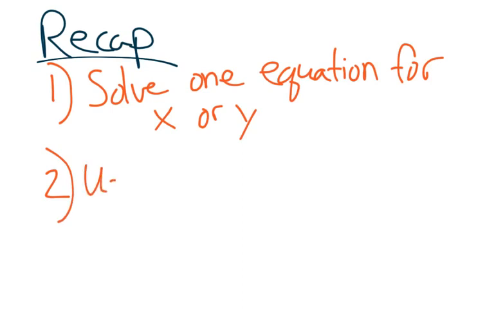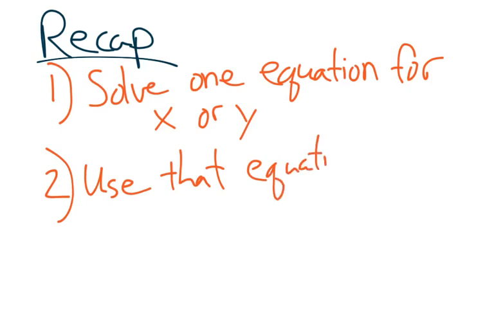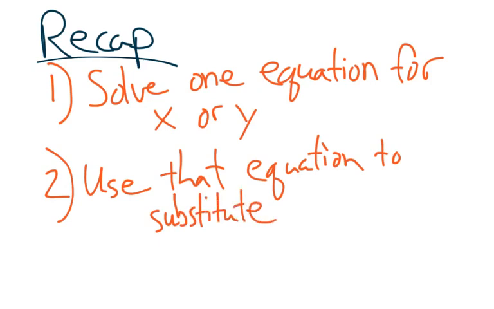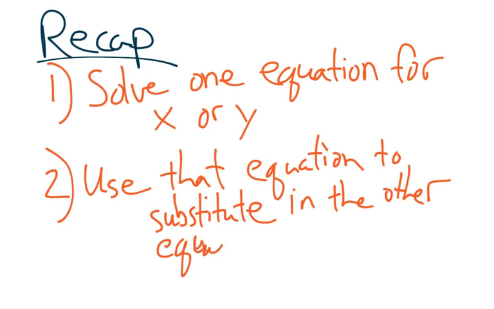Then use that equation to substitute, thus the name of the method, substitute, in the other equation. Oops, equation. That's a little sloppy. Oh well. All right. And so that's what it boils down to.